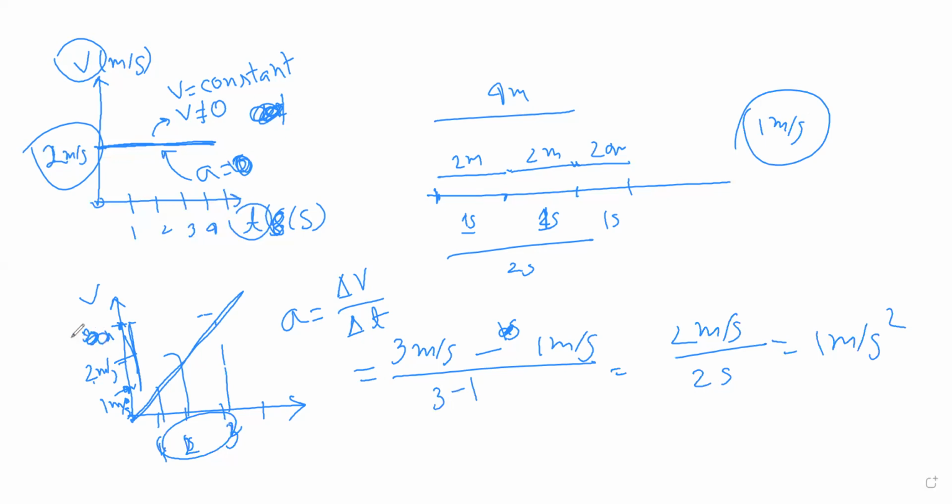Suppose this is not 3, this is 6. Then this should not be uniform; the curve should be like this, because that is not a uniform increment. Why? Because 6 minus 1 equals 5, so over 2 seconds that means 2.5 meters per second increase, if this point is 6 meters per second.